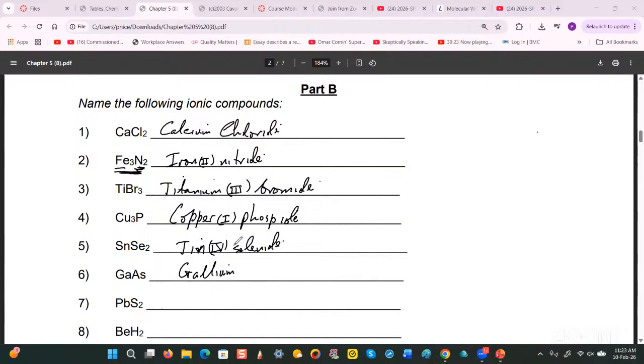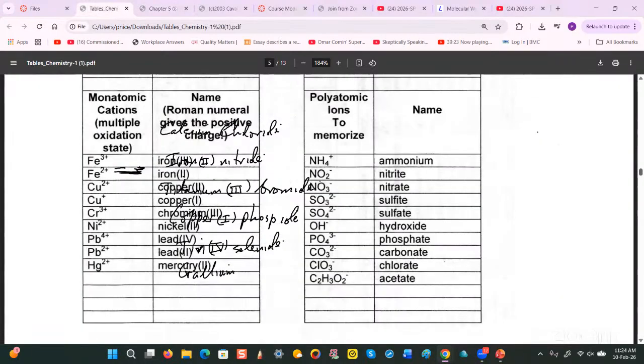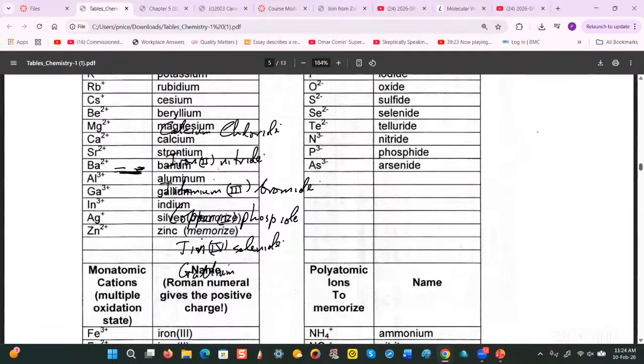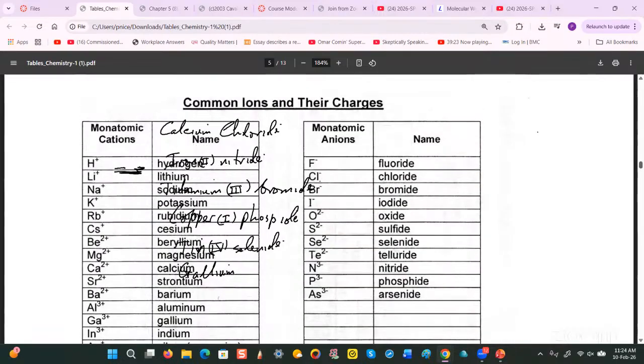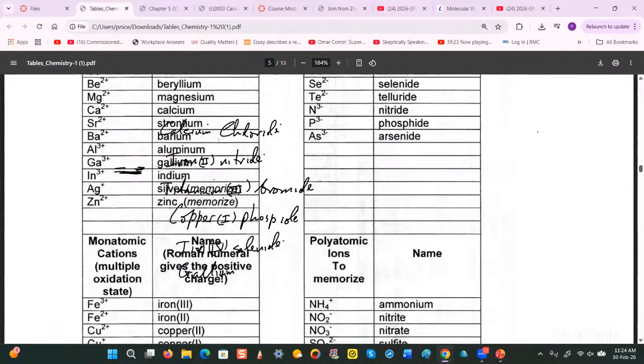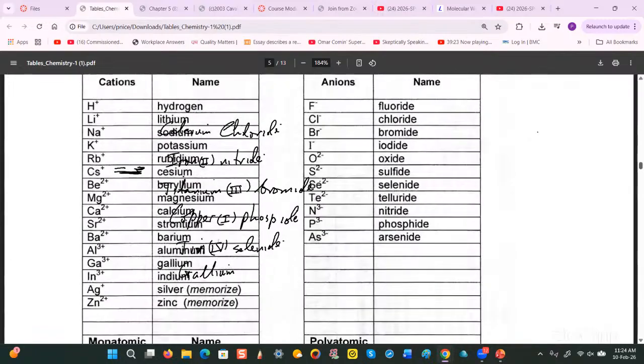Actually, wait a minute, maybe I got it wrong. Let me see, where's gallium here? Gallium is Ga. Let's see, gallium.